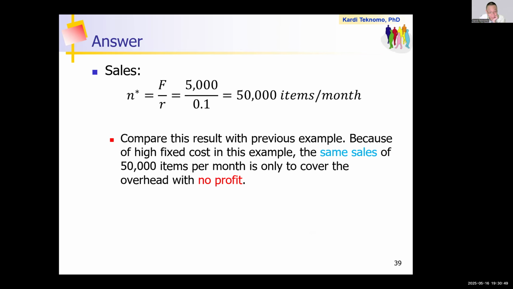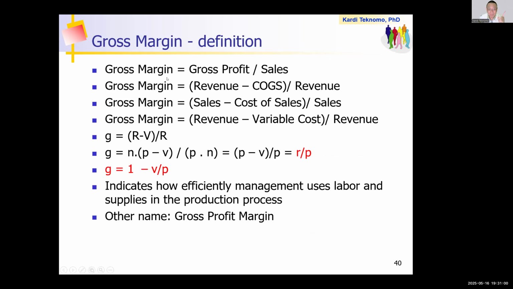The next terminology that I want you to understand is very important. You can forget gross profit, but don't forget this one: gross margin. Gross margin by definition is this red formula here.